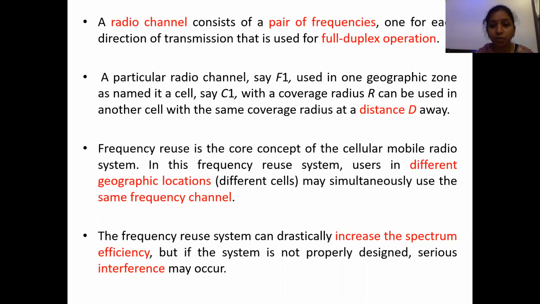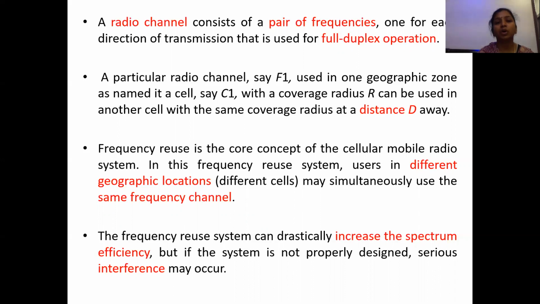Because of this frequency reuse concept only, we are now enjoying this technology, and operators are able to provide service to more subscribers with a limited number of channels. The allocated channels are always fixed, so we cannot increase the channels, but the efficient method of utilizing the channels comes into the concept of cellular.